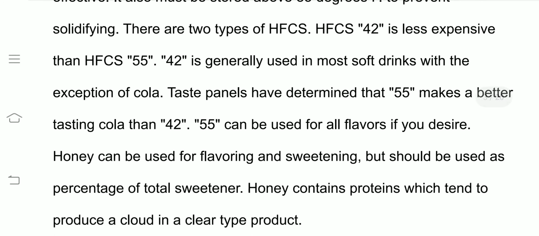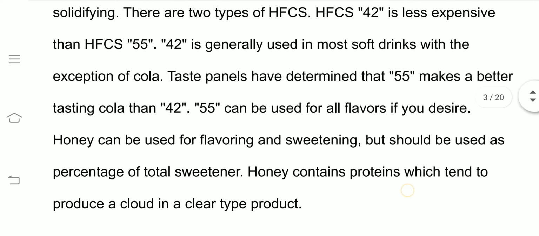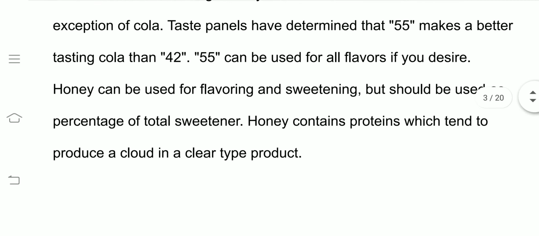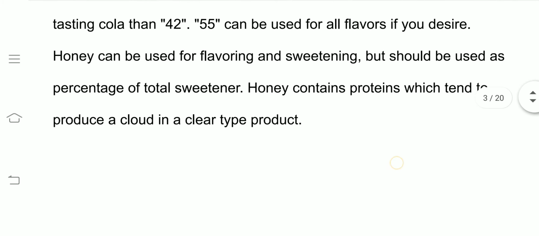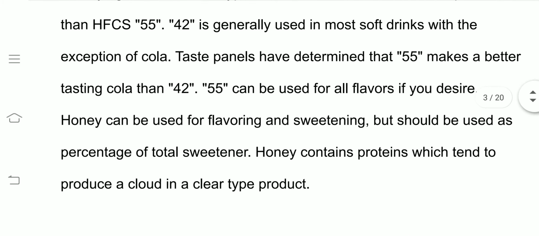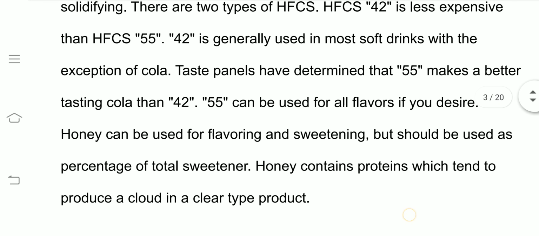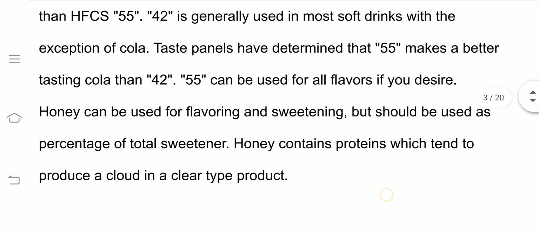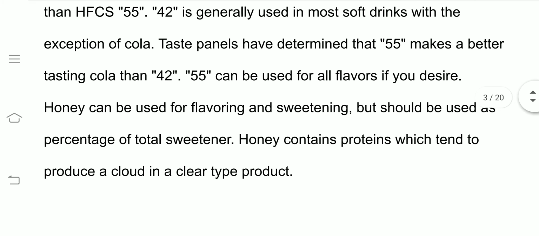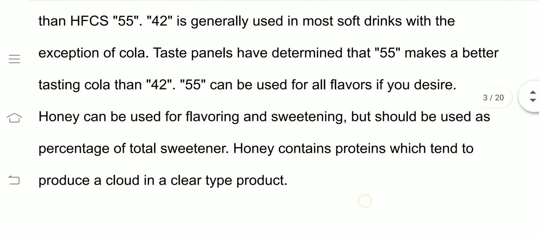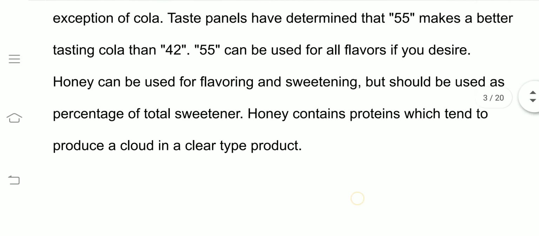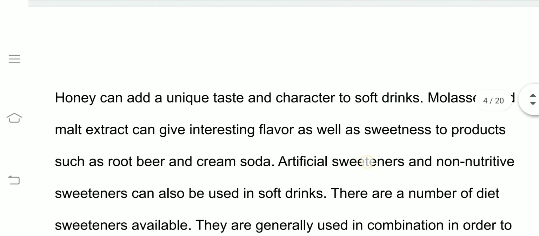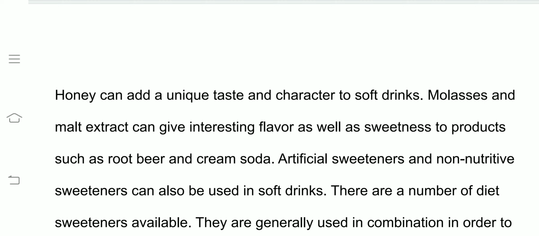And there are types of HFCS, depending on what flavor we need, and it can be used according to the standards. Now honey can also be used as a flavoring and sweetening agent, but it cannot be used wholly, but it can be used in combination because it has a unique taste and character which it can give to the soft drink.